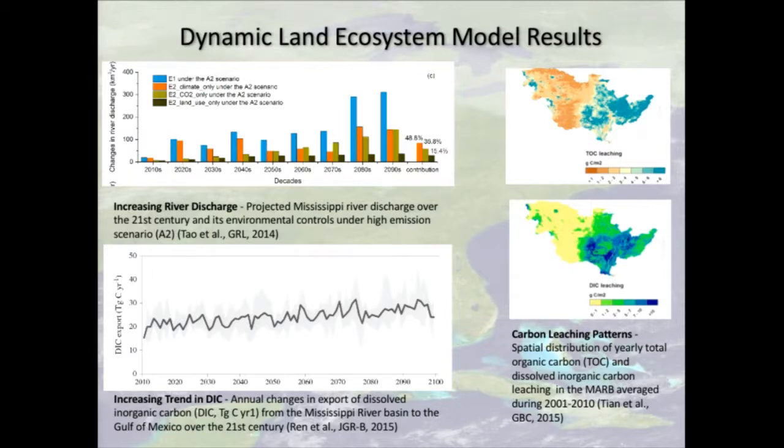So just to give you an example, here are some results from the dynamic land ecosystem model. What this shows, first of all, on the right-hand side is the domain. This is total organic carbon leaching for the Mississippi River Basin, and then dissolved inorganic carbon leaching, so you get a spatial representation of those processes.